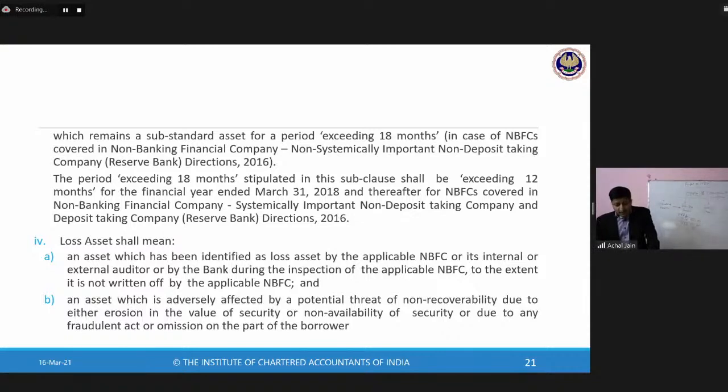And this period of 18 months shall be considered as 12 months in case of systemically important non-deposit taking and deposit taking.